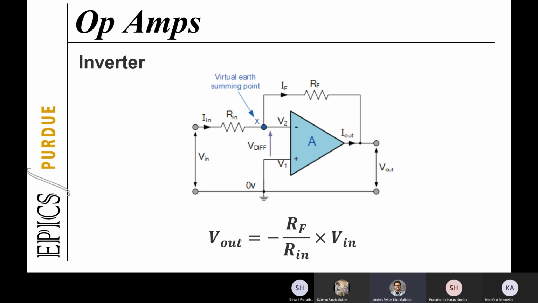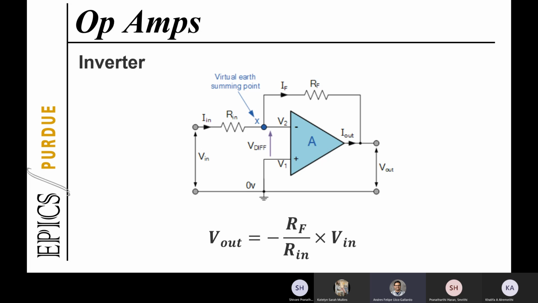I know there are multiple applications that can be done with transistors and MOSFETs, but for simplicity, I'm just going to restrict myself to showing you a few examples with operational amplifiers. But this can be done with the others too.